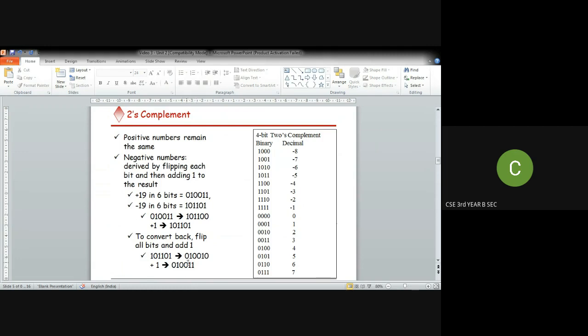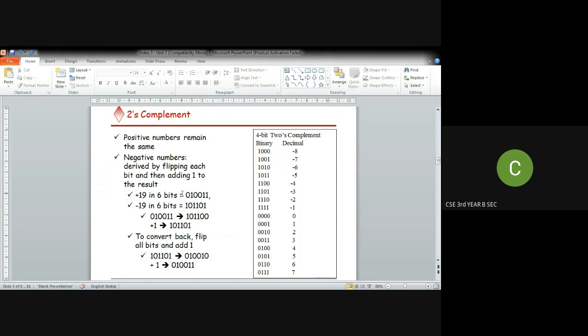That means for a positive number we find the equivalent binary number and do the ones complement, which means making zeros to ones and ones to zeros. After that, we add plus one at the last bit to get the two's complement. So this is the method for two's complement.